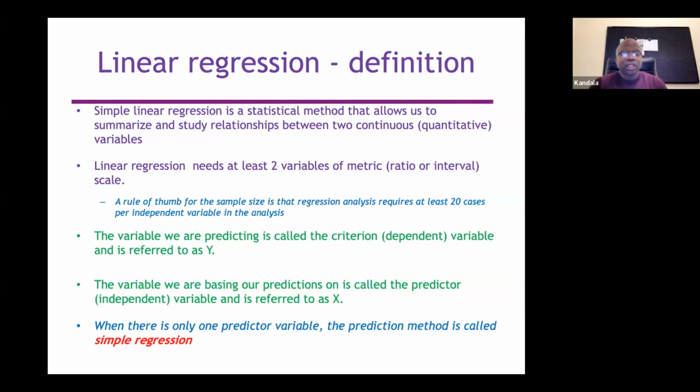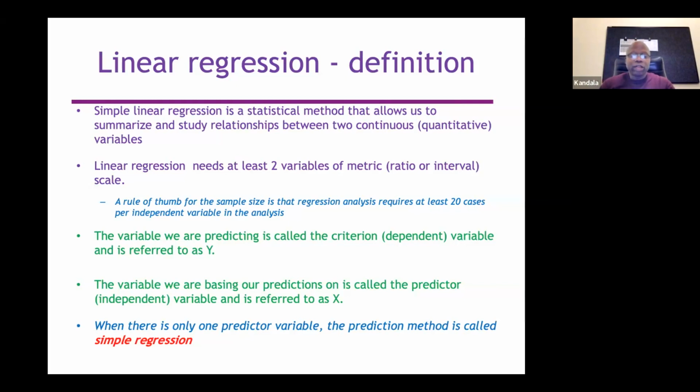Mostly people ask the question: what is the sample size that you need to be able to quantify the relationship between two continuous variables in terms of regression? The rule of thumb is at least 20 observations.